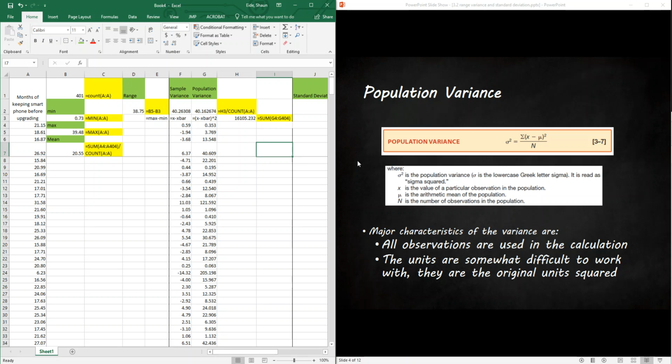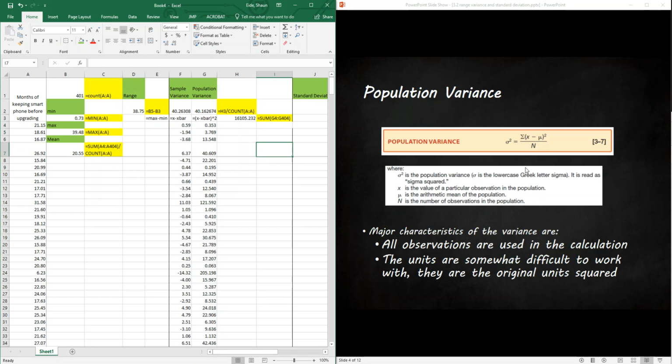Now, looking at the population variance, the equation over here, you have the lowercase sigma squared. It's referred to as sigma squared, or the population variance, equals uppercase sigma, which is you sum x, or the observation, minus the population mean, and you square that.